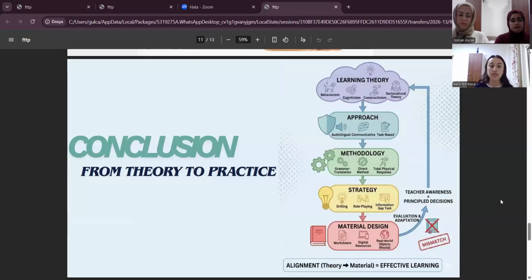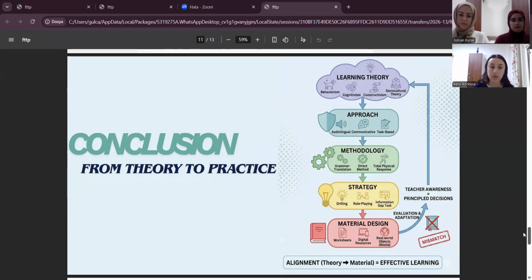In this way, teachers can create better learning experiences for students, and they can help students develop real language skills. So it's very important. It is also essential for teachers to understand this chain from theory to practice. I think that's all that we can talk about.